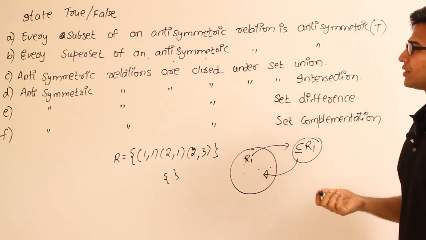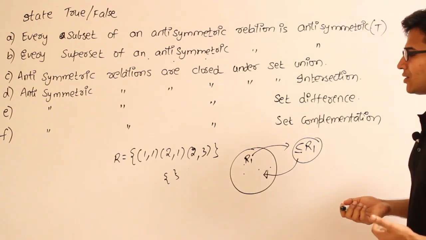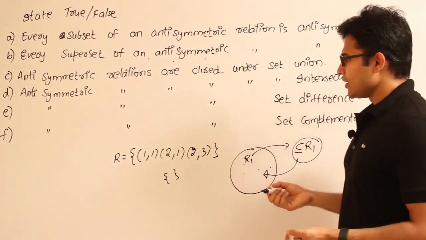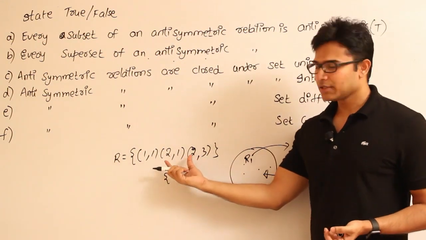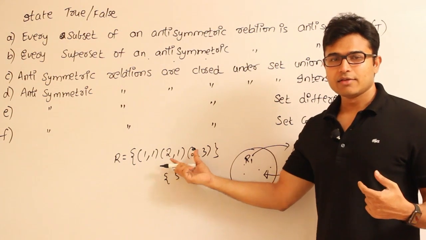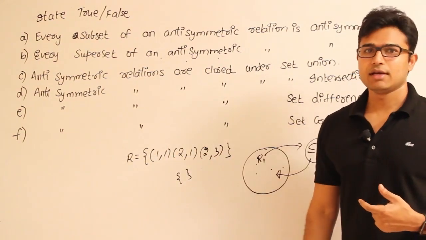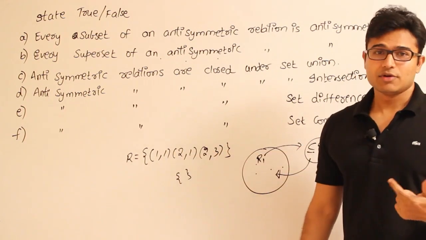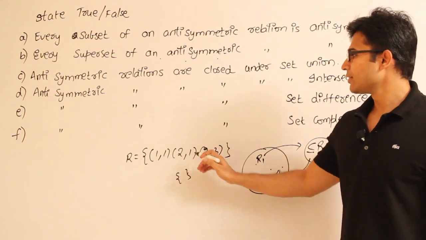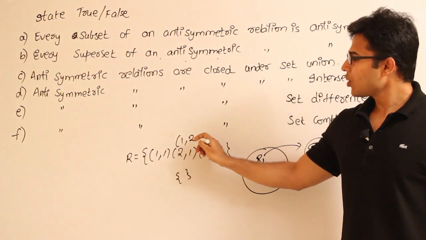Next one is every superset of an antisymmetric relation is antisymmetric. They are talking about superset. So a superset need not be antisymmetric. If you have an antisymmetric relation like this, what is a superset? The sets which you get by adding some elements to this, right? Now if you try to add some element, let us say 1 comma 2, then what happens?